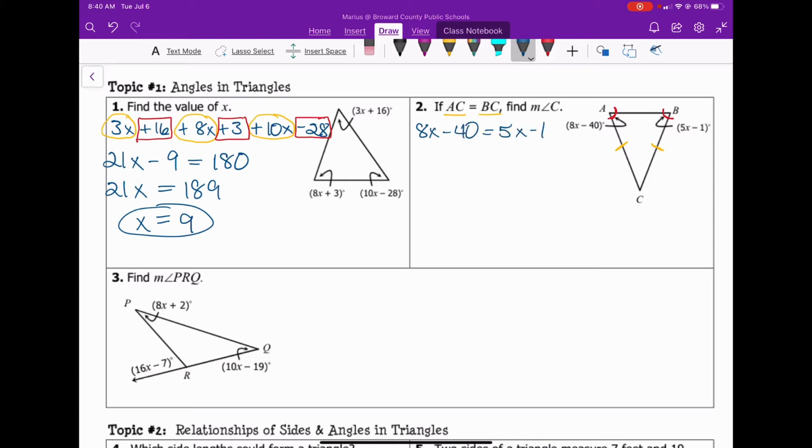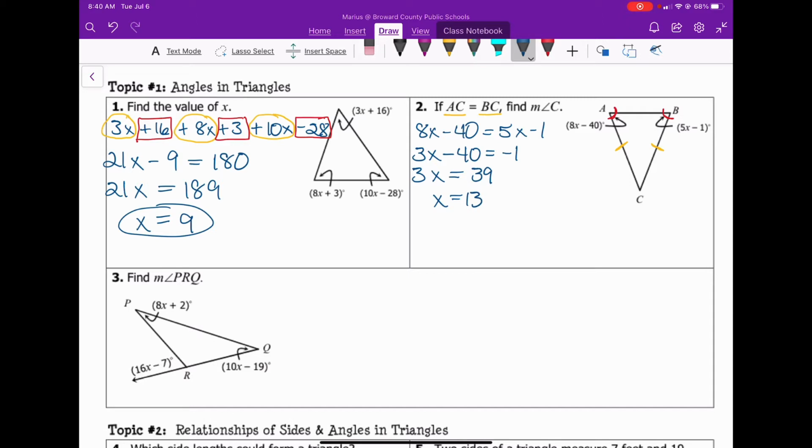That's going to help us solve for x, okay? So first, we want to subtract 5x from both sides. That's going to leave us with 3x minus 40 equals negative 1. And then we're going to add 40 to both sides. That's going to leave us with 3x equals 39. Then we're going to divide both sides by 3. X will equal 13. Okay?